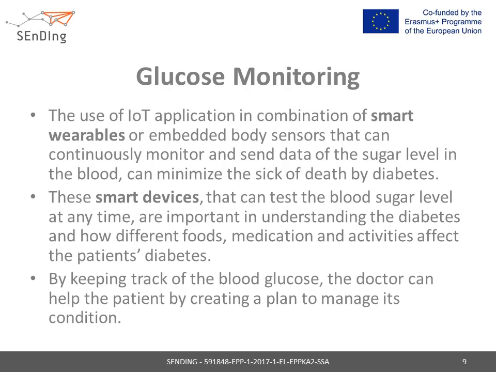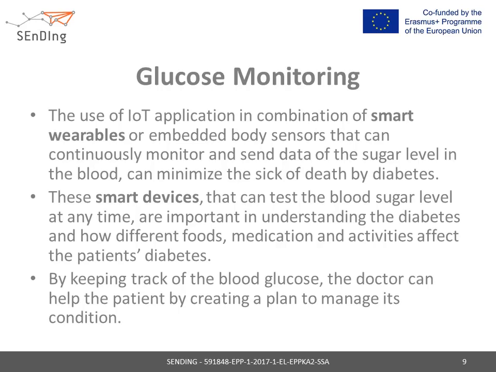When the pancreas produces less or no insulin, the blood sugar can go up and down, which can lead to vital internal organ damage. The use of IoT applications in combination with smart wearables or embedded body sensors that can continuously monitor and send data of the sugar level in the blood can minimize the risk of death by diabetes.